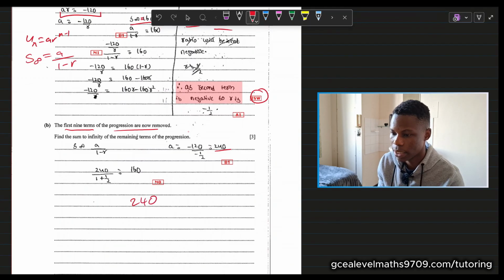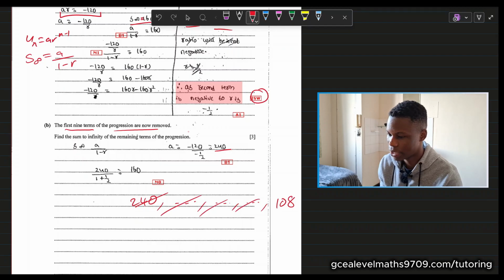So A is 240, and then here you'd get your next term, right? Get your second term, your third term, all the way up to, let's say maybe the 10th term is, let's say it's 108. So we've removed the first 9 terms.